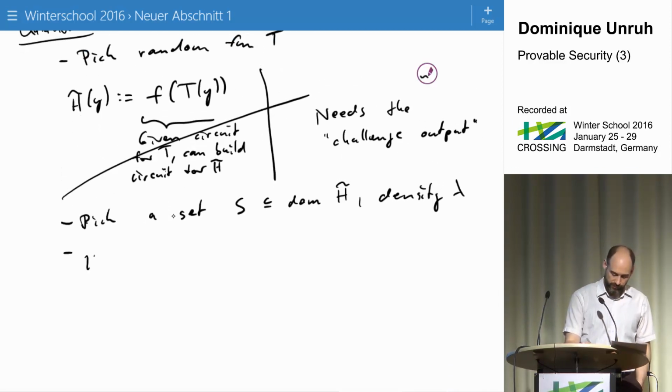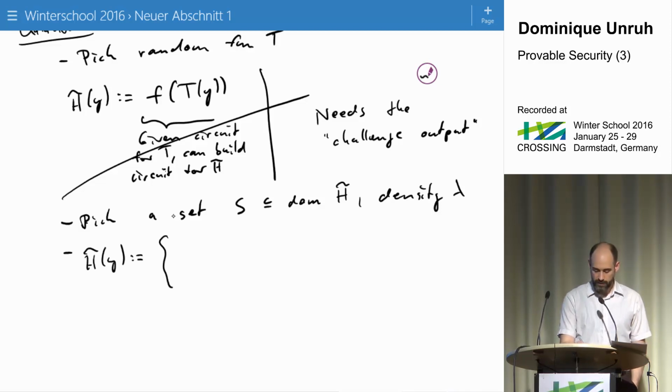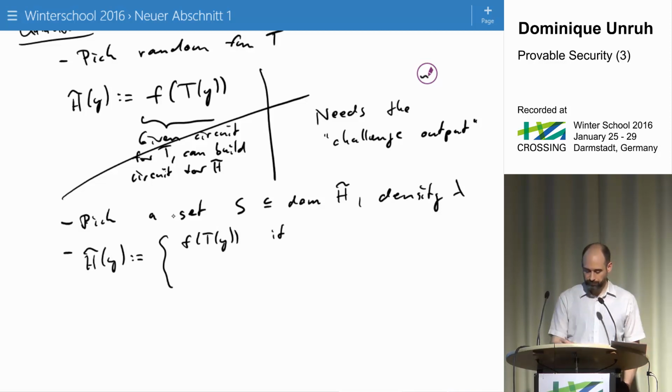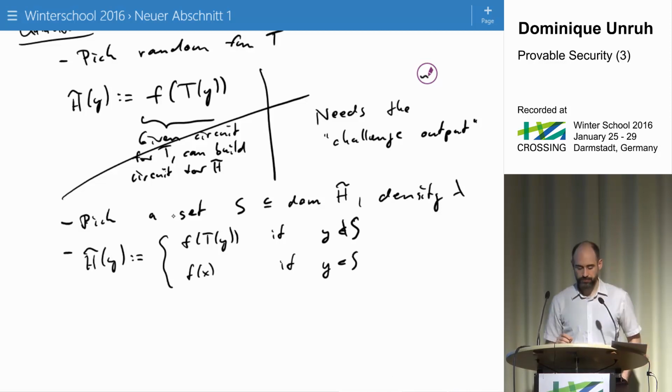And then we define the random oracle to be either f of t of y, if y is not in this small but not too small fraction, and it outputs f of x if y is in this fraction.